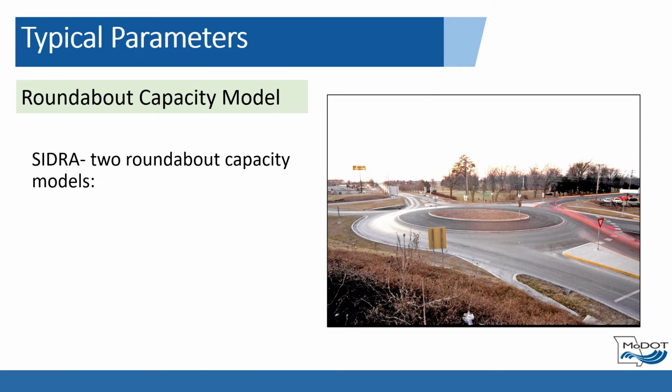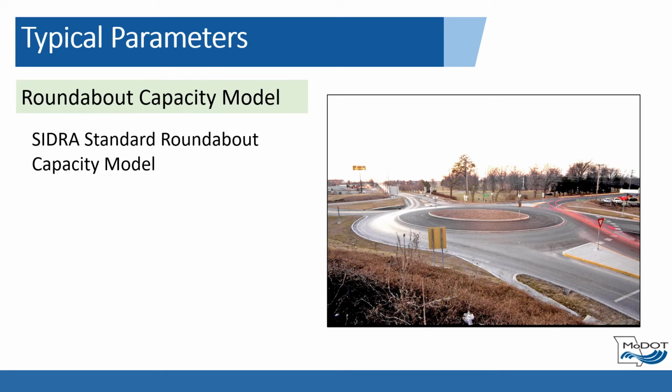SIDRA software uses two roundabout capacity models: the U.S. Highway Capacity Manual, HCM model, and the SIDRA Standard Model. The U.S. HCM Roundabout Capacity Model is based on the calibration of most model parameters using HCM default values as applicable.